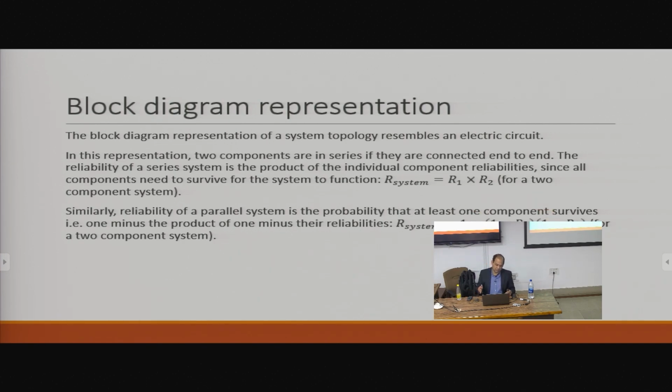Sorry, the only time the system fails is when both the components have failed. Okay, sorry for that. So in series system, reliability of the system is the product. In parallel system, 1 minus this. So component 1 fails, component 2 fails. Both of them have to fail for the system to fail.